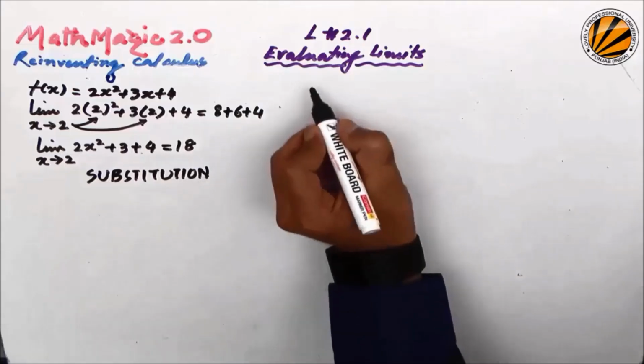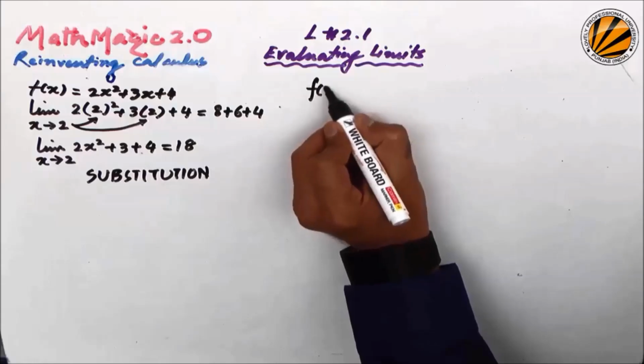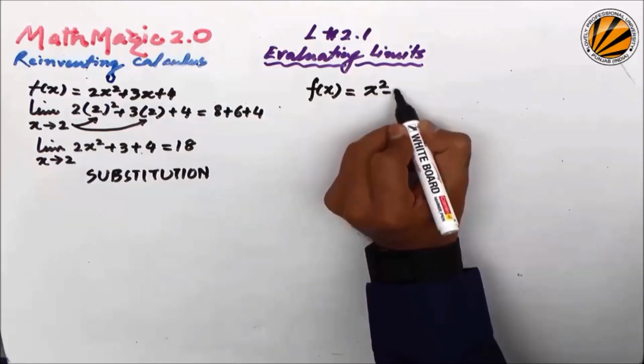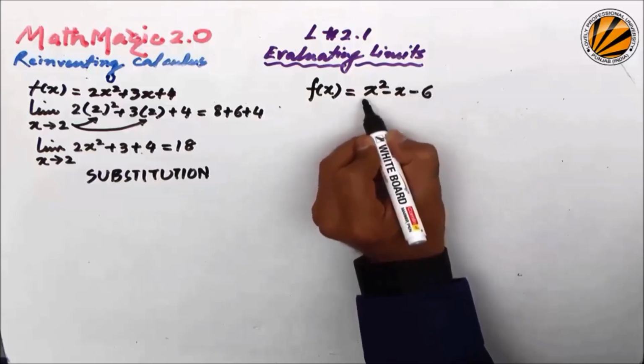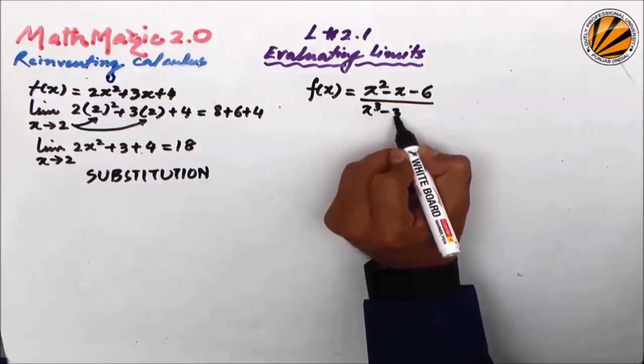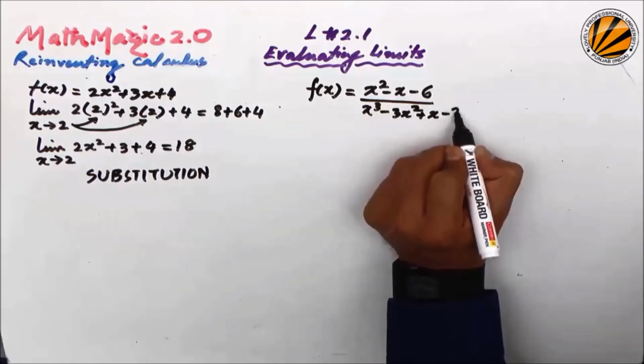But now look at a scenario in which, for example, the function is equal to x square minus x minus 6 divided by x cube minus 3x square plus x minus 3.